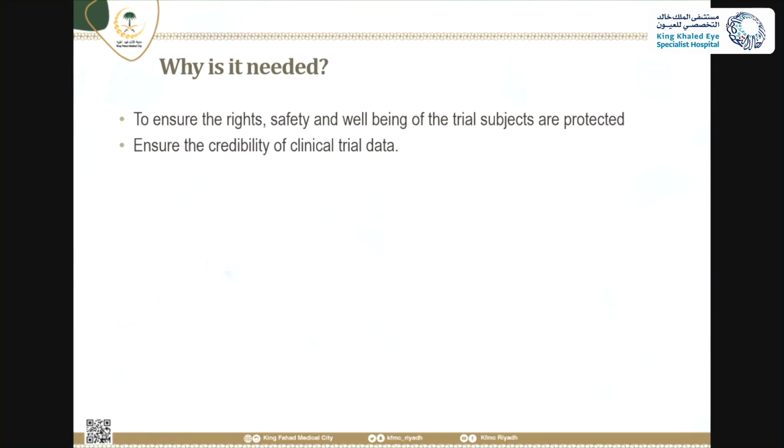Here in the Kingdom, for example, we are governed by the bylaw of the National Committee of Bioethics that regulates research conduct in living creatures, and also by the Saudi FDA. And now we have a new player, the Saudi NIH, which plays a role in governing the conduct of research in the Kingdom. I hope this is clear to give you a bigger picture of how the research program and the human research protection program complement each other.